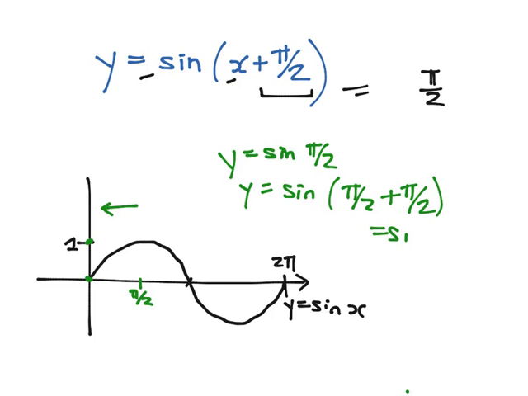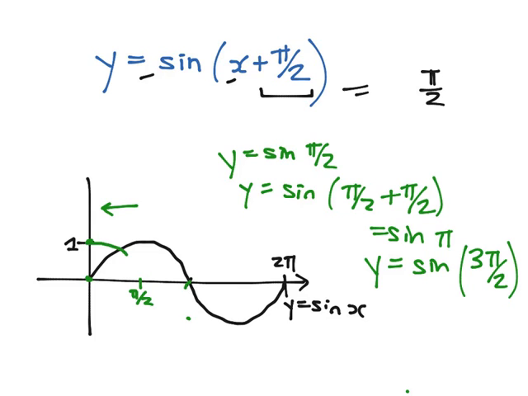That's sine pi, which is 0. So our new pi over 2 value is 0. Meanwhile, at pi, we have y is equal to sine of pi plus pi over 2. That's sine of 3 pi over 2. So at pi, our new value is -1.